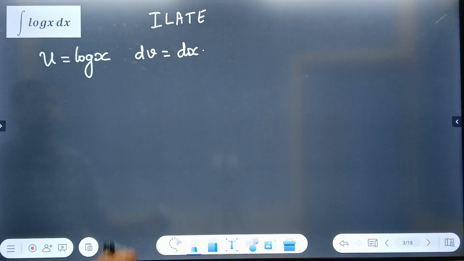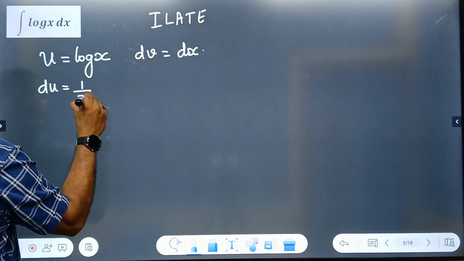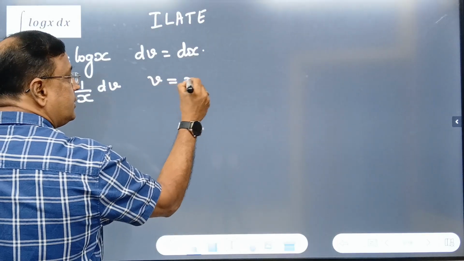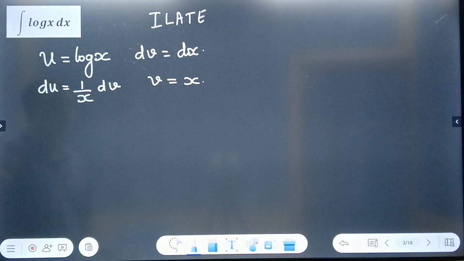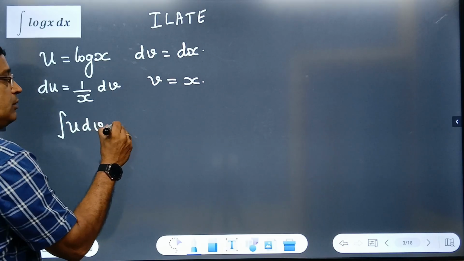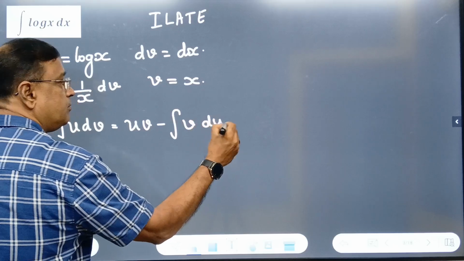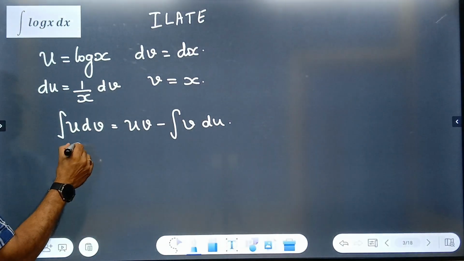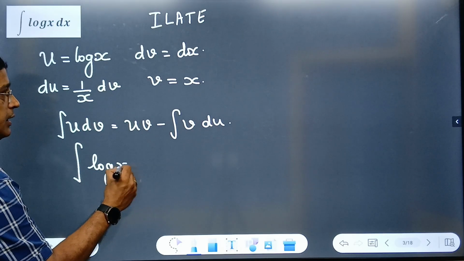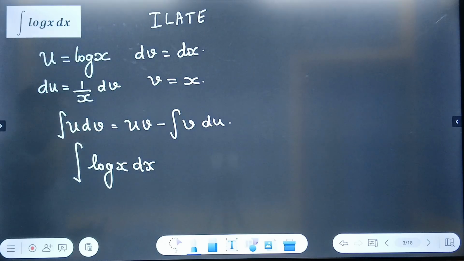Now differentiate. What is du? du is 1 by x dx, basic differentiation, and integration of dv is v. v is nothing but x. Now what is the integration by parts formula? Integral u dv equal to uv minus integral v du. So what is u? u is log x and dv is dx, which is basically the question, is equal to uv.